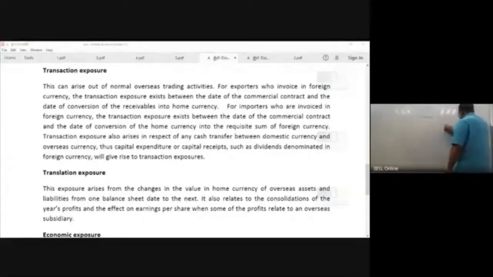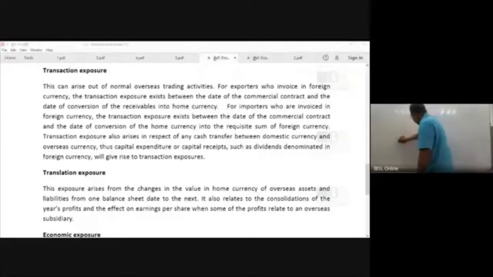Translation risk. We'll take a big company that has a subsidiary in another country.